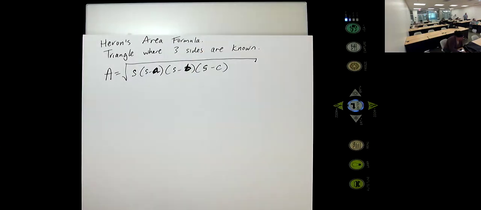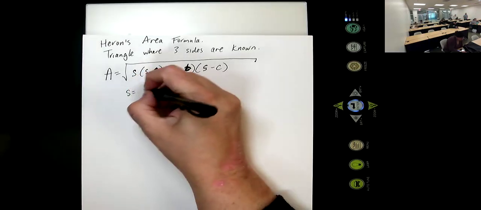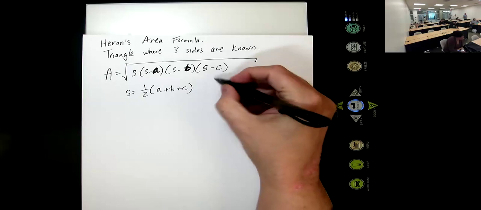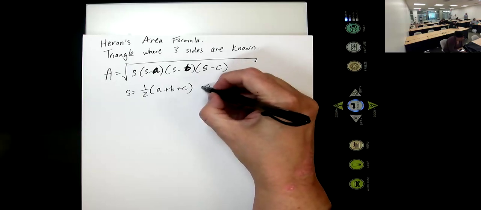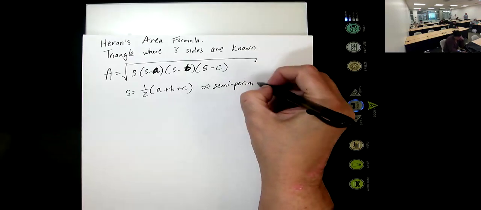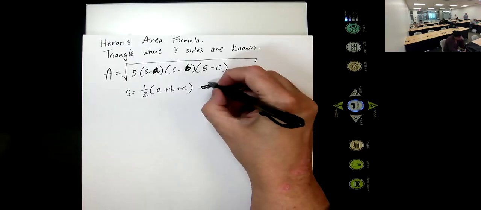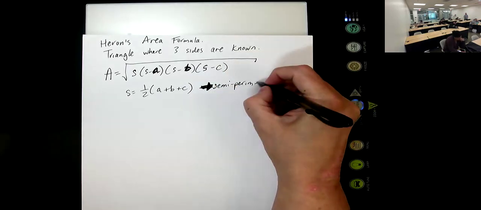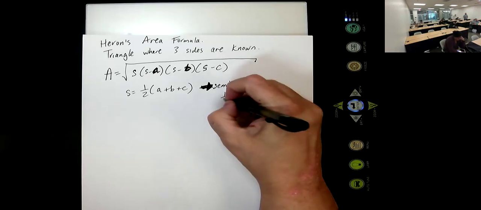And S is 1/2 the perimeter. S is short for semi-perimeter. Not approximately, it is the semi-perimeter, or half the perimeter.